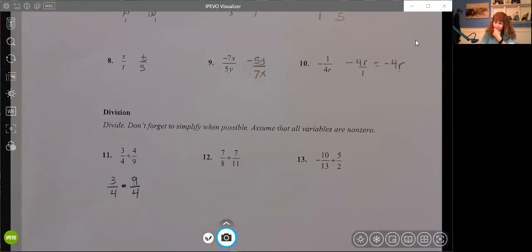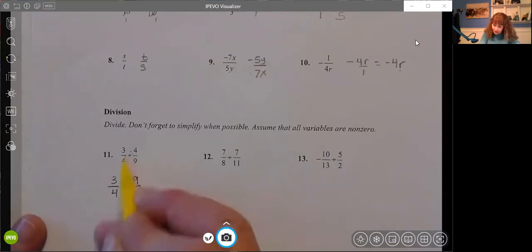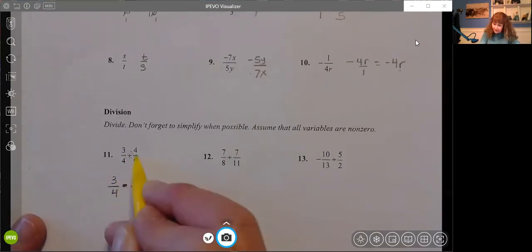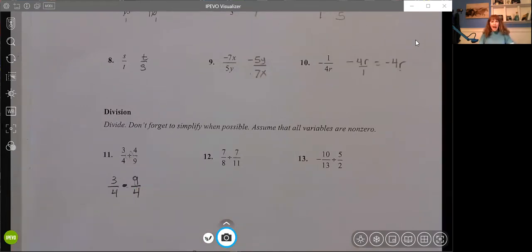Once you've done the copy dot flip when dividing fractions, now you reduce if possible, and then you multiply straight across. So division is just one extra step in multiplication, and this extra step has to be done before you start to reduce.